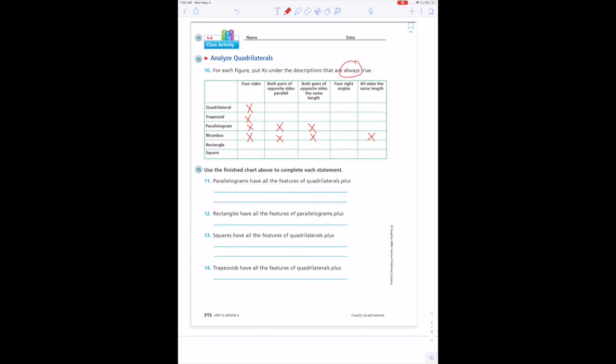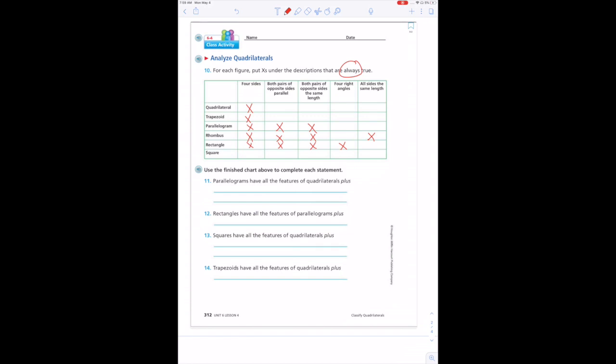A rectangle: 4 sides. Opposite sides are parallel, parallelogram, right? Opposite sides are the same length. They have to be a parallelogram, okay? And we have 4 right angles. But with a rectangle, all sides do not have to be the same length, okay?